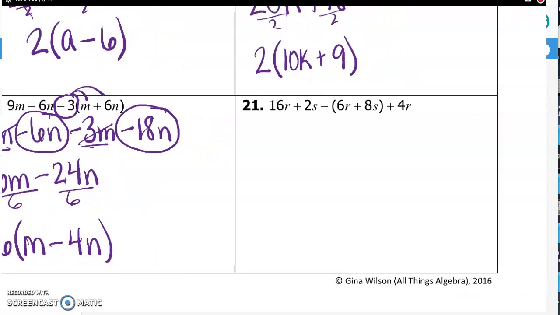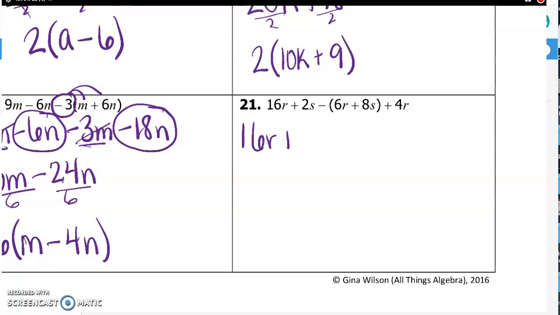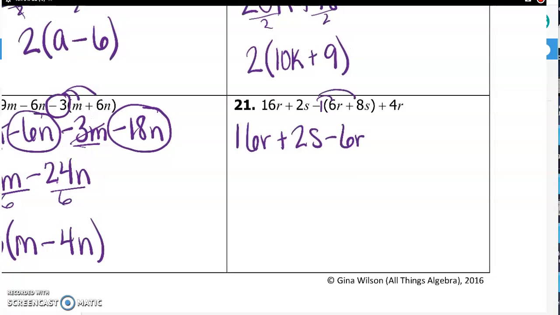Last one, 16r plus 2s. Here you're distributing a negative 1, so minus 6r minus 8s plus 4r. So 16r minus 6r plus 4r would give me 14r.